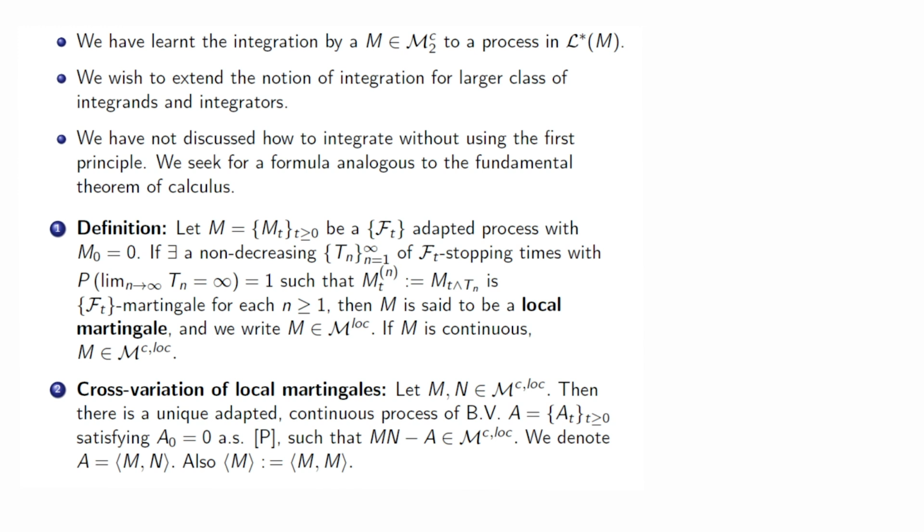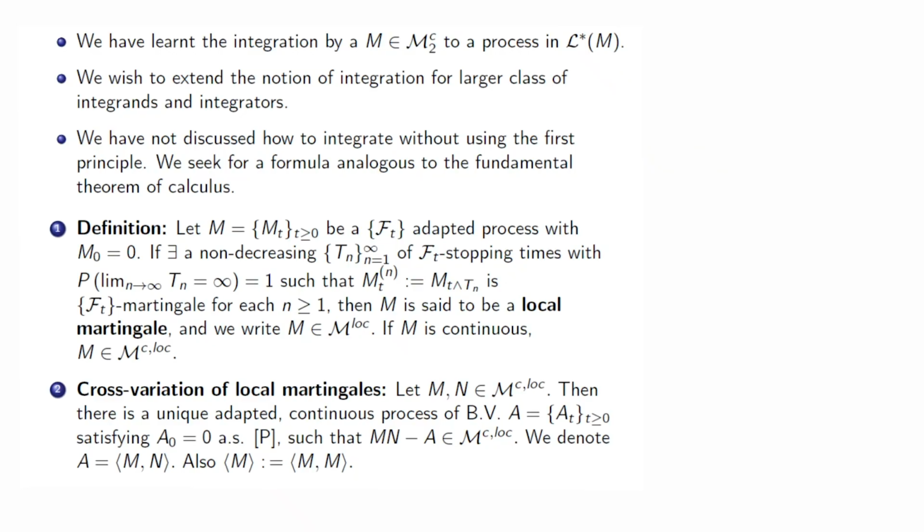If that is the case, then we denote this A as the quadratic covariation of M and N. And if M and N are identical, then the quadratic covariation of M and M is called the quadratic variation of M, which we also denote by writing only M here.